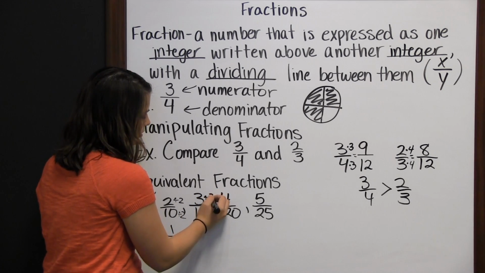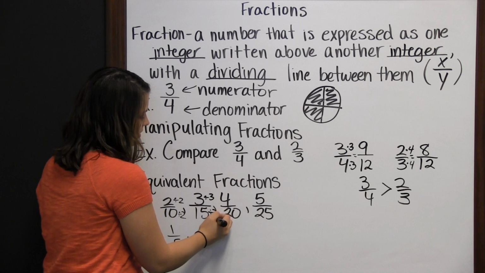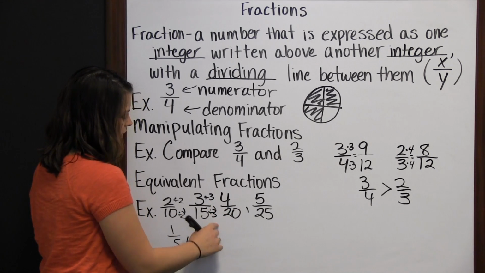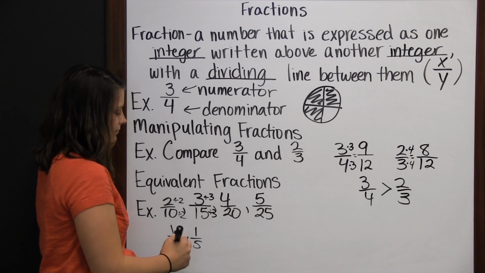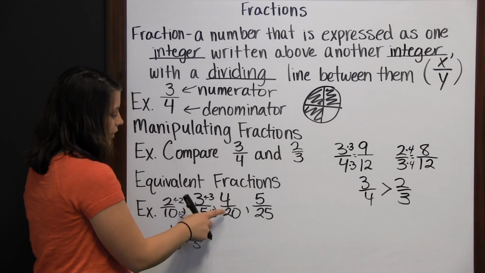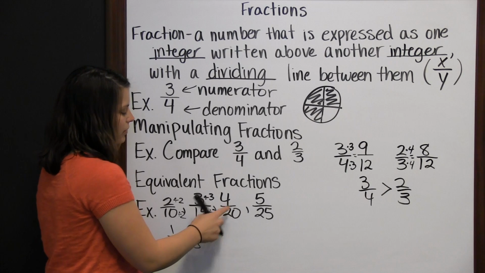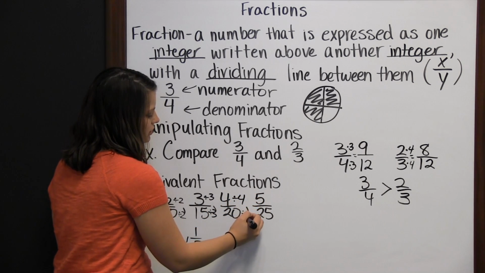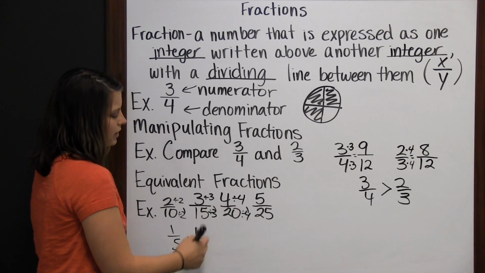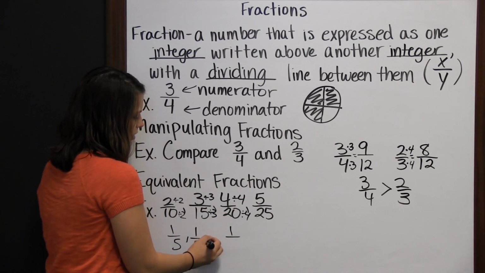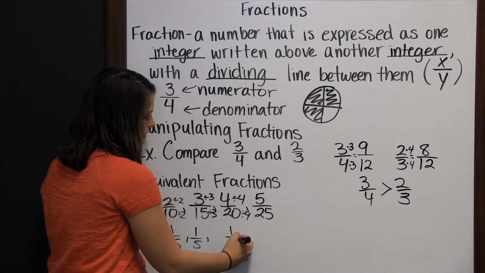So we divide our numerator by 3 and our denominator by 3. 3 divided by 3 is 1. 15 divided by 3 is 5.